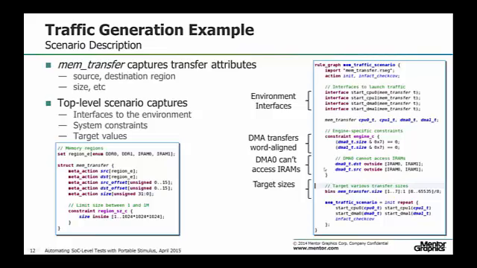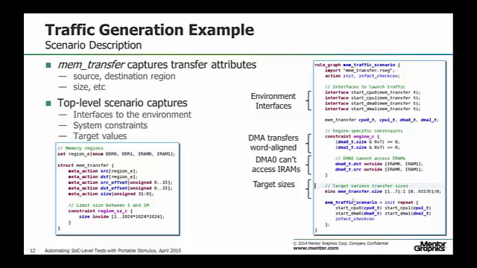We can only do word-aligned transfers. The DMA can't access internal RAMs. And we use bins to say that we don't really need to target every single different size. We just want to do one of each of the small sizes, and we don't want to divide up the rest of the address space into 8 chunks.